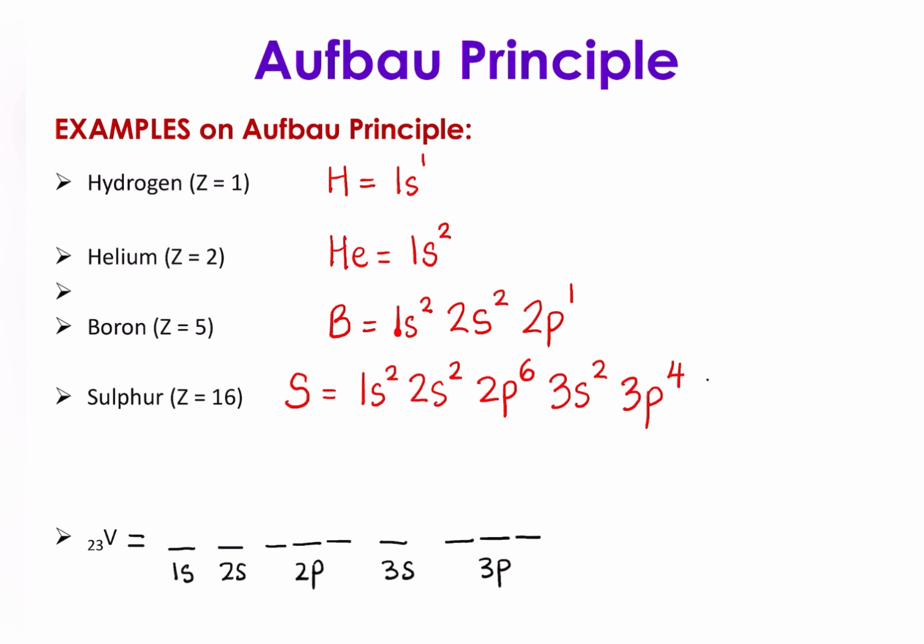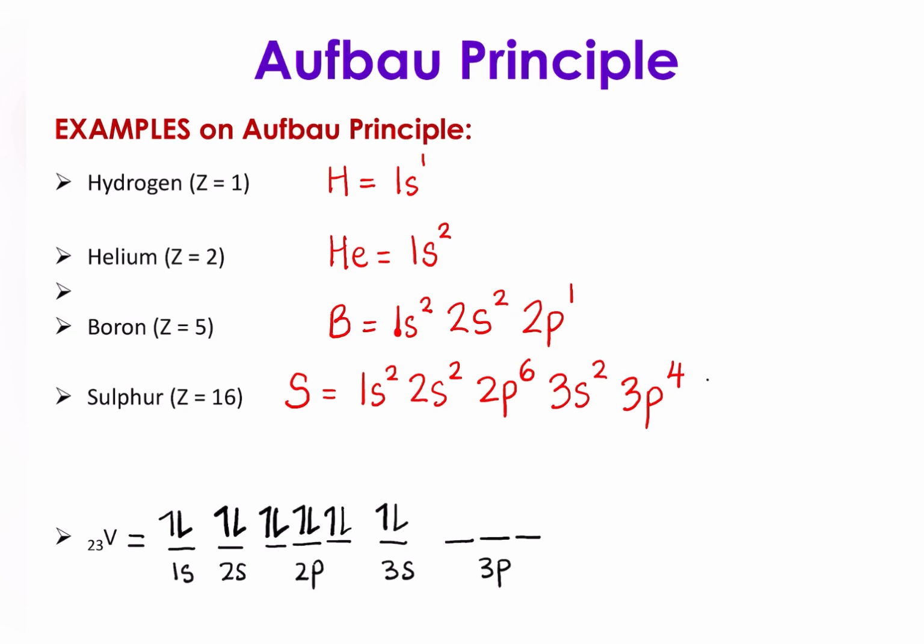And next one, saya fill in dahulu. So, saya ada 2 dalam 1s. Half headed arrow atas, half headed arrow ke bawah untuk tunjukkan spin of electrons tu positive half, negative half. And the next one, fill in dalam 2s, ada 2 elektron juga. Dalam 2p ada 6 elektron. Dalam 3s ada 2 elektron.